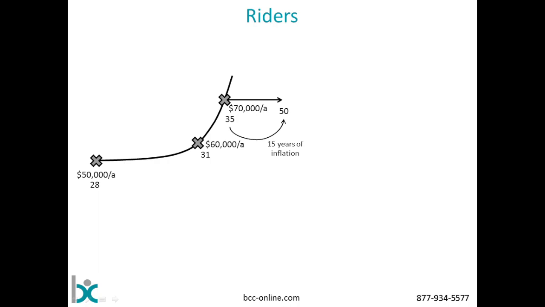So what insurance companies will do is they will sell you another rider here. They'll sell you a rider called a cost of living rider or cost of living adjustment. And that cost of living rider or cost of living adjustment will allow your benefits to increase to keep pace with inflation.